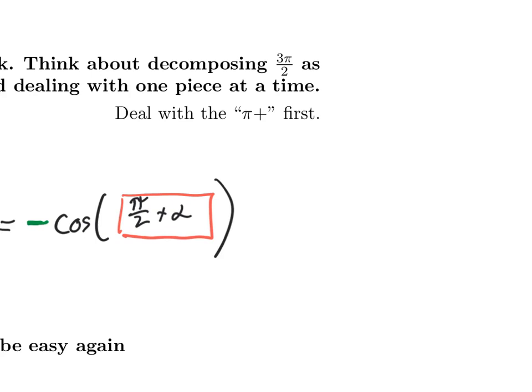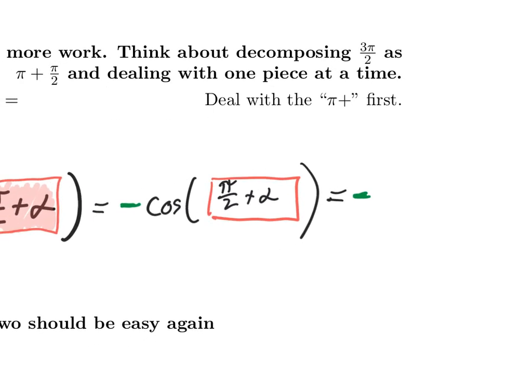So let's continue this. This is equal to negative cosine, and now I see pi over 2 plus alpha. So look at that cover page. Cosine of pi over 2 plus a number is negative the sine of that angle.